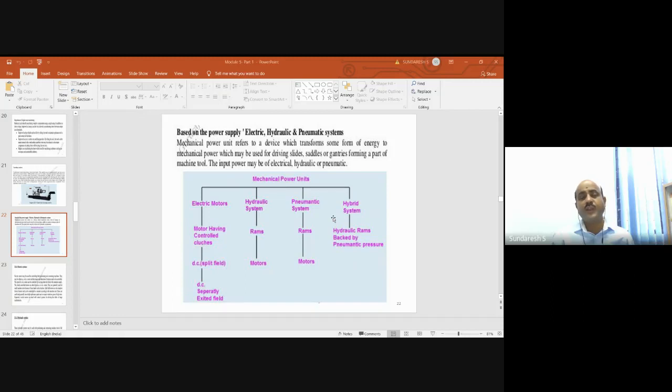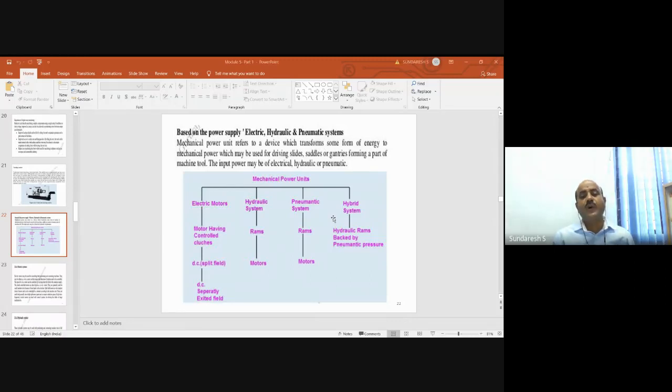To get a motion, we need energy, and energy can be obtained from different forms. Some amount of energy needs to be input to the machine, so that the machine can convert that energy into mechanical energy, which results in the movement of the different parts.